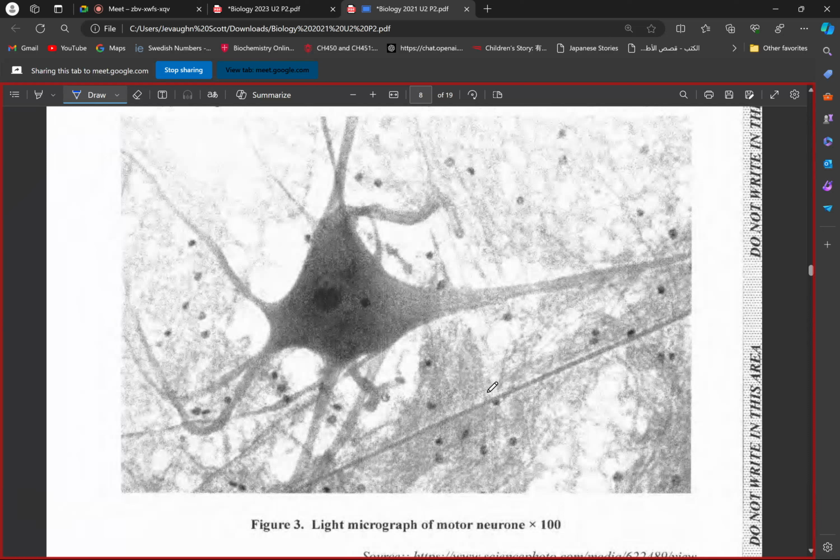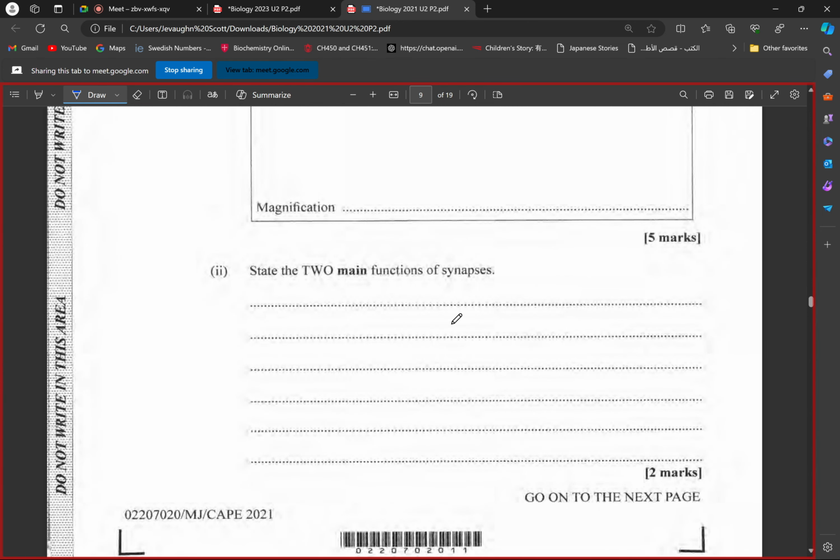Say two functions of synapses. What are the two functions that we note? Two main functions. I did go over this. So what are the two main functions? Releasing neurotransmitters.